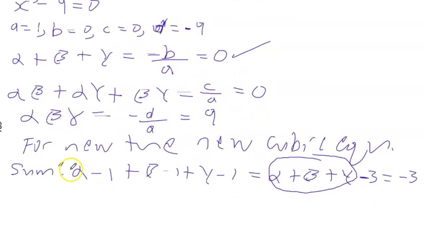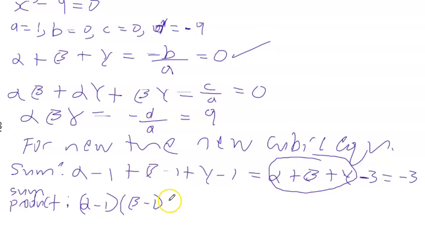Let's calculate the sum product. And the sum product would be alpha minus 1 times beta minus 1 plus alpha minus 1 times the other root, which is gamma minus 1, plus beta minus 1 times gamma minus 1.